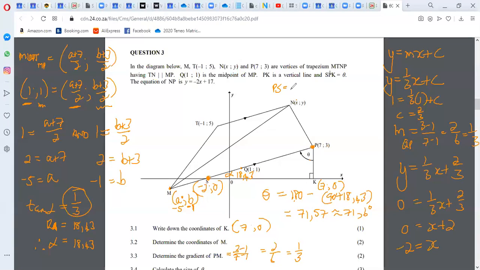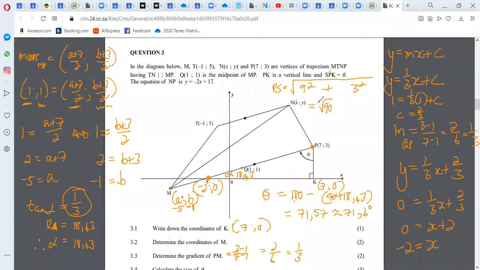So PS is the square root of 7 minus 2 is 7 plus 2, which is 9. And 3 minus 0 is 3 squared. 81 plus 9 is 90, so it's root 90. Okay, and you can probably simplify that.